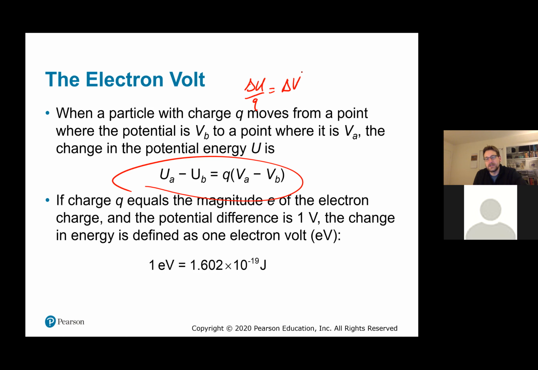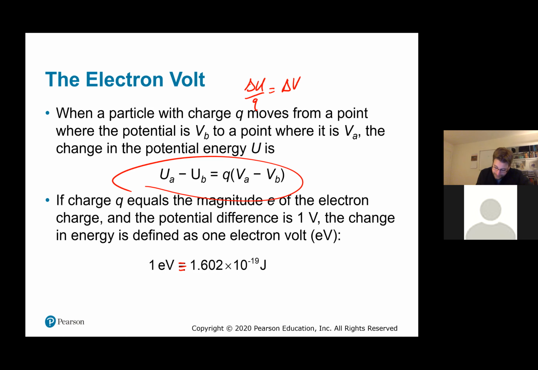If the charge Q in question is the magnitude of the electron charge and the potential difference we're talking about is 1 volt, then the energy change associated with that is defined as an electron volt. 1 electron volt, by definition, is 1.6 times 10 to the negative 19 joules.